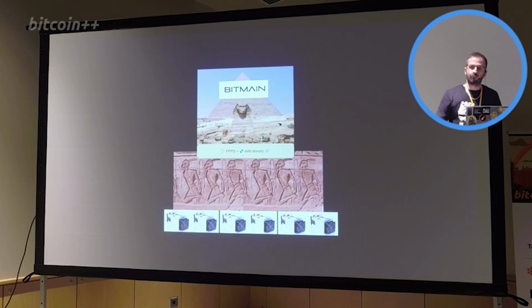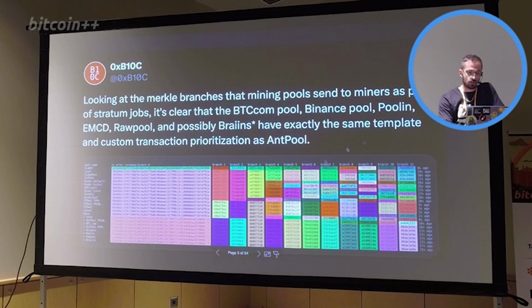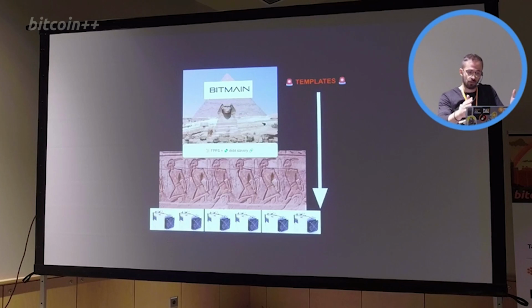So there's a big pyramid of proxy pools, like most pools, at least in this list. They're just proxies for Antpool. And Antpool is dictating the templates. So on this pyramid scheme here, we have a bunch of slaves at the top of the pyramid, and we have one big pharaoh dictating what happens on Bitcoin block space from China.